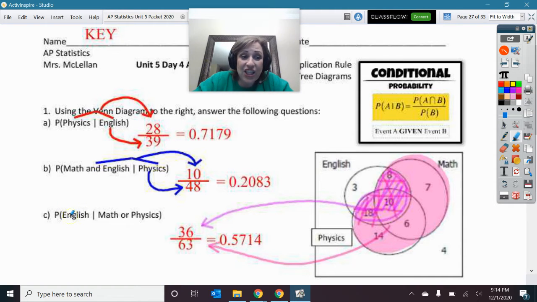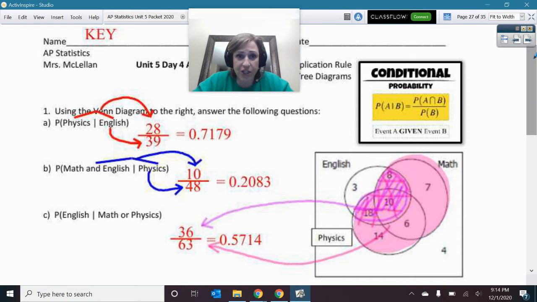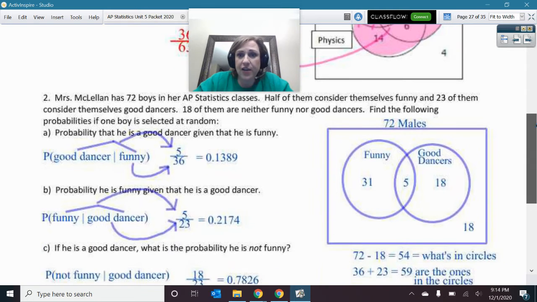That's the English intersection portion with the pink area, so that's the 36 on top. I want to make sure you had a really good, clear understanding of how to do given that probabilities with those Venn diagrams.